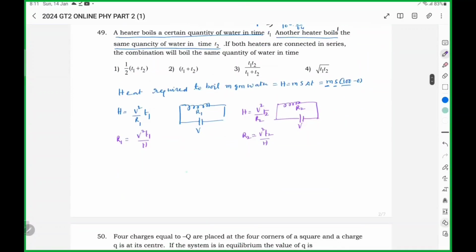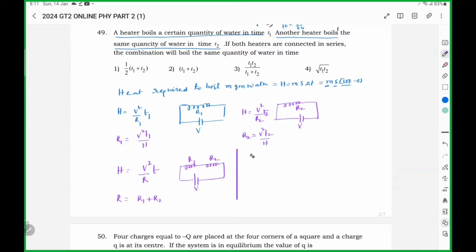When both the coils are connected to the same battery, R1 and R2 are their resistances. Time taken to boil water, this will not change, H will not change. V square R by T. Since resistors are connected in series, R is R1 plus R2.